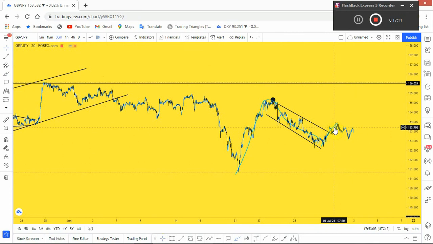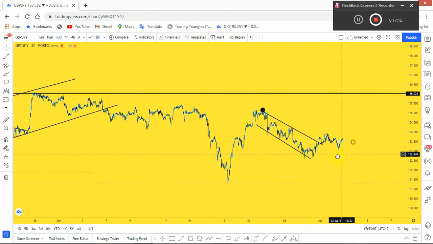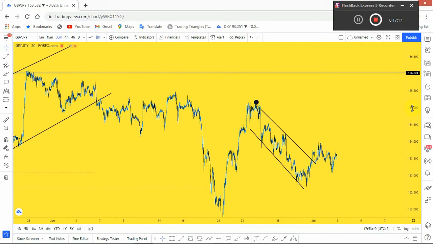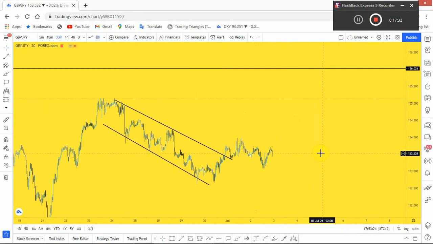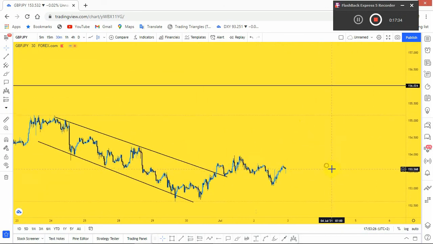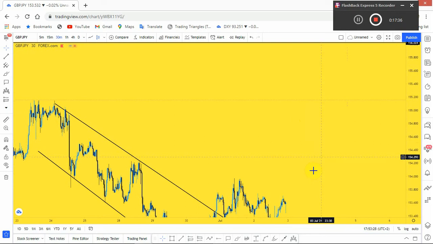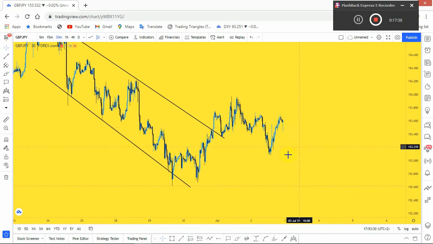And guys, the more patterns we have within a pattern, the more your patterns are agreeing with each other, saying we are going in the same direction, the higher your probability is. When we're forecasting, when we're analyzing, the whole aim is to increase probability, to stack the odds in our favor.